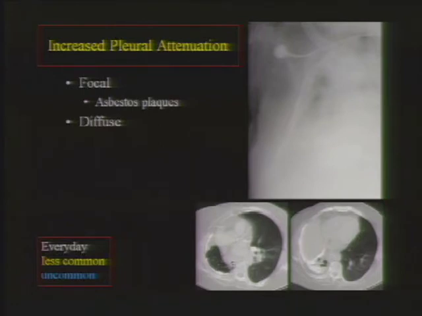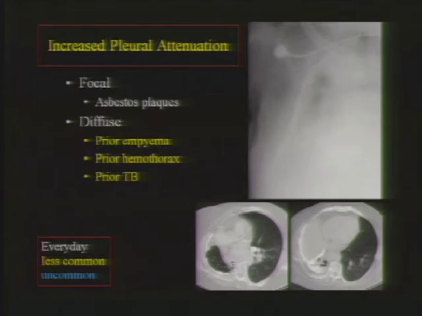Diffuse pleural calcification, on the other hand, is somewhat different. Here we see a long segment of pleural calcification in the right hemithorax, which has caused restriction of the right lung, and we see a similar finding on CT. Causes of diffuse pleural thickening are most often prior empyema, prior hemothorax, or prior tuberculous effusion.